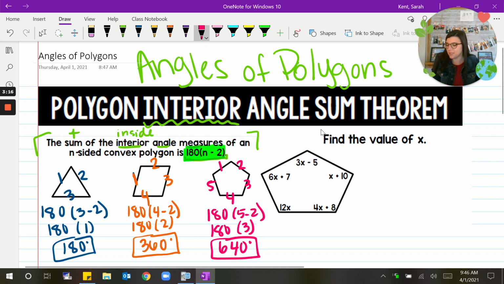All right, now we've got an example that goes a little bit more in depth. So if we look here, let's see how many sides this has. This has 1, 2, 3, 4, 5 sides. If you remember from our last video, a 5-sided shape is called a pentagon.